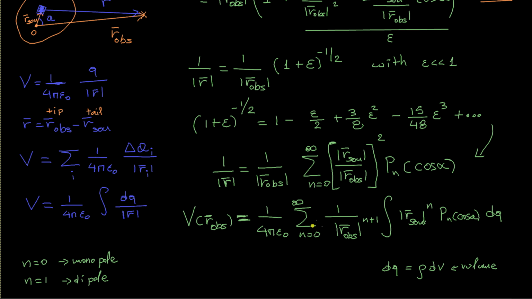Because this is an infinite sum, the more terms you keep, the better your approximation for the potential is at the observation location, which makes sense. If you want a very rough estimate of the potential at your observation location, try the first term and see what it is.